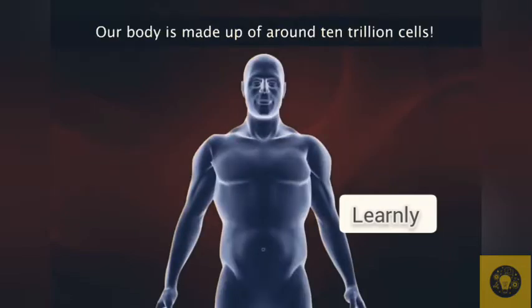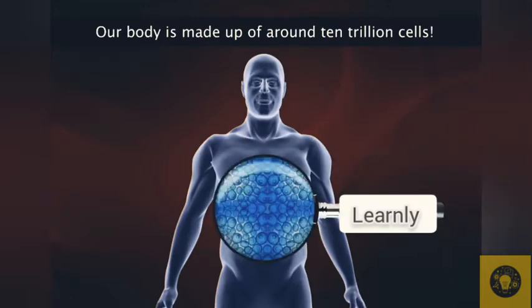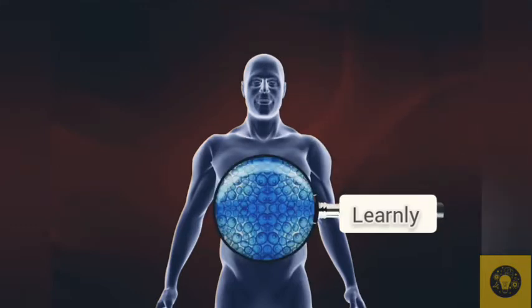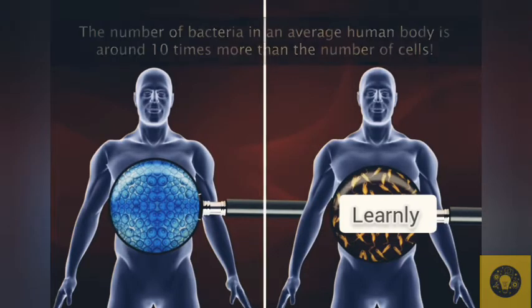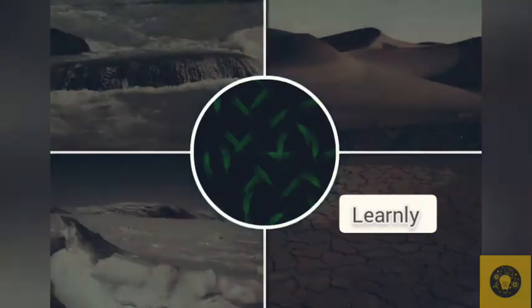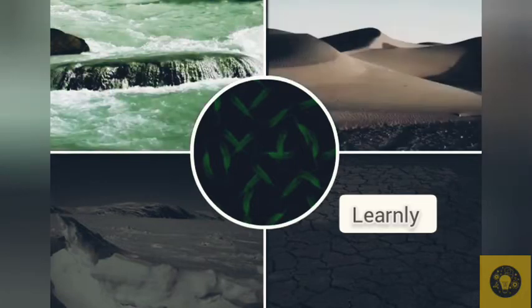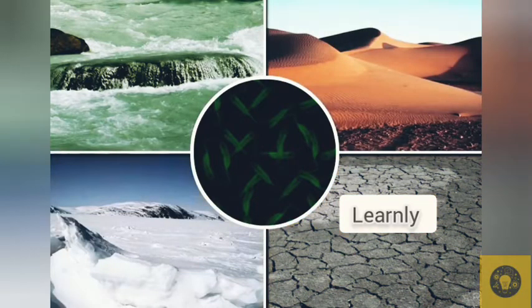Our body is made up of around 10 trillion cells. Do you know that the number of bacteria residing in an average human body is around 10 times more than the number of cells? Bacteria are present almost everywhere, in water, deserts, snow, and soil.